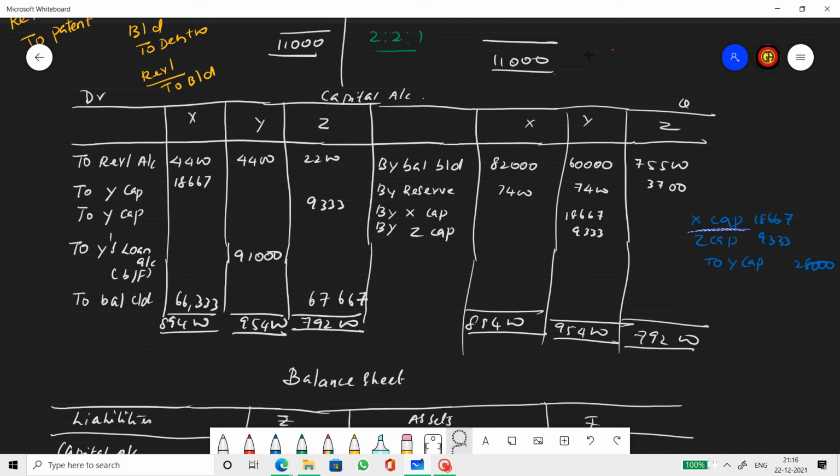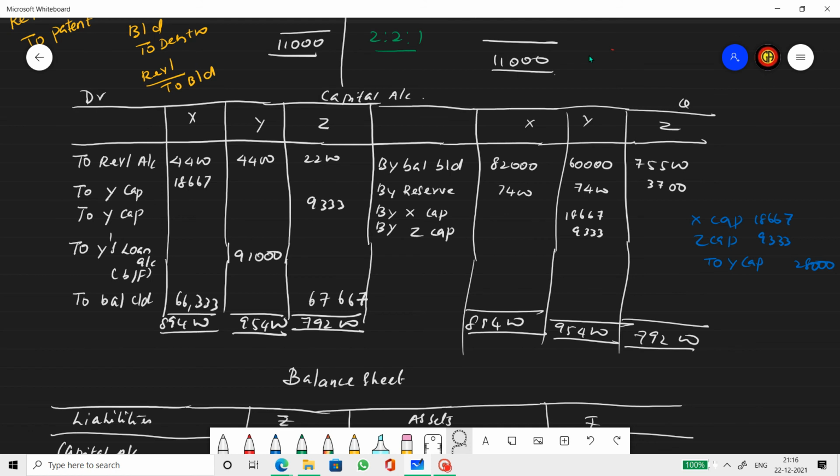Now in X's capital account you will write 'To Y' and record this figure. Likewise in Z's capital account you will write 'To Y' and record this figure, because X is debited by 18,667 and Z is debited by 9,333. So 'To Y' in X column 18,667, 'To Y' in Z column 9,333. So this is nothing but the goodwill entry posted.